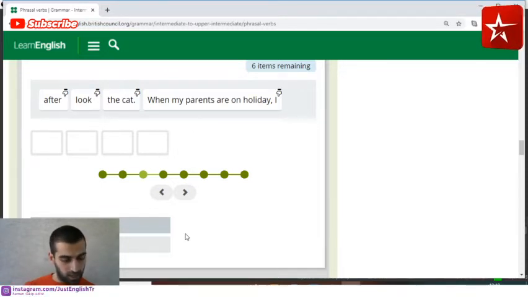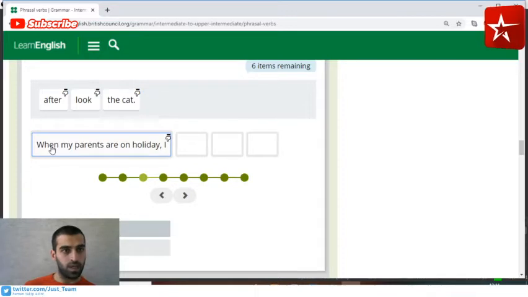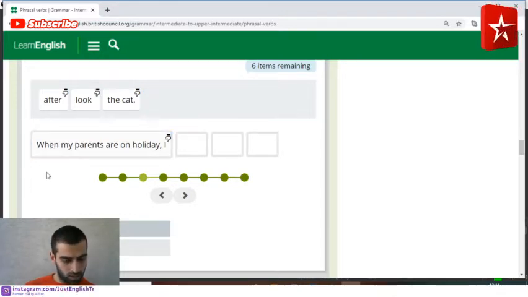Okay, let me check your answers, guys. When my parents, Merve Kürçe says when my parents, Ayşe says when my parents are on holiday. Okay, let's choose it for the first step. When my parents are on holiday, yes. Mr. Hussein says, when my parents are on holiday, I look after the cat. Yes, that answer is correct.